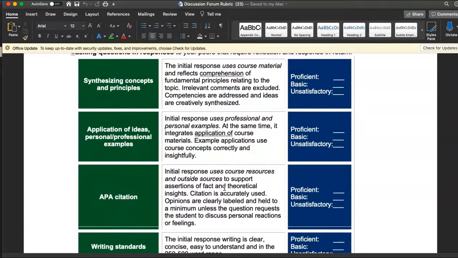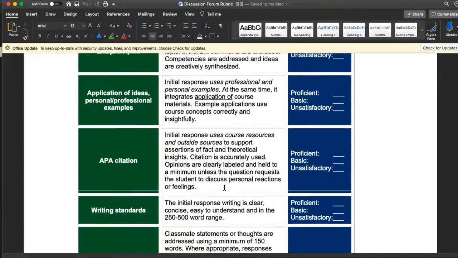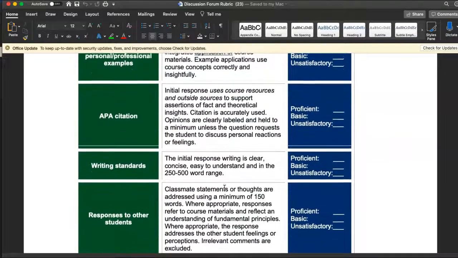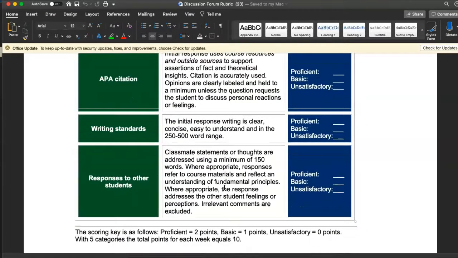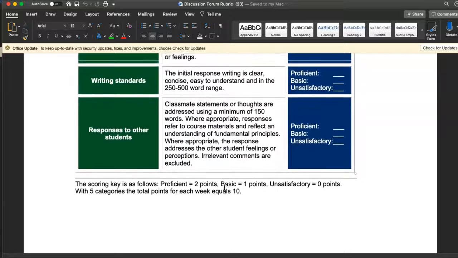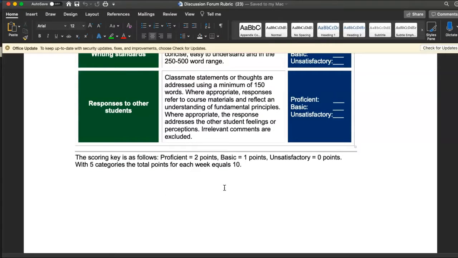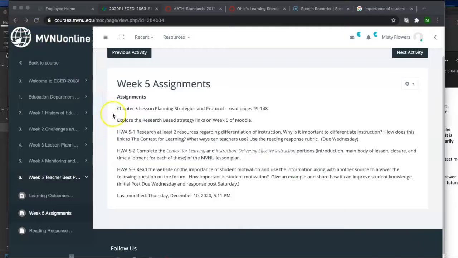Make sure that you're using course materials, professional and personal examples that integrate application of course materials, and that you are citing references. Your writing should be between 250 and 500 words, and you should be responding to other students. Again, if you have questions, please ask me.